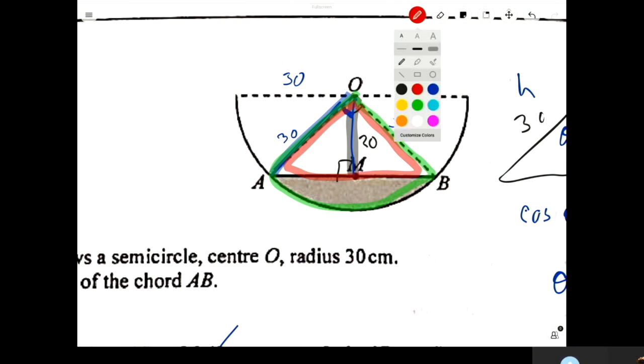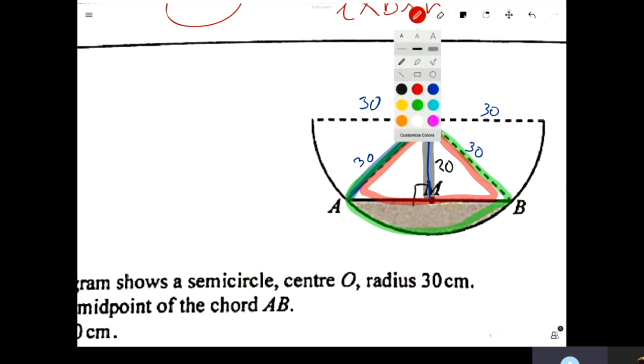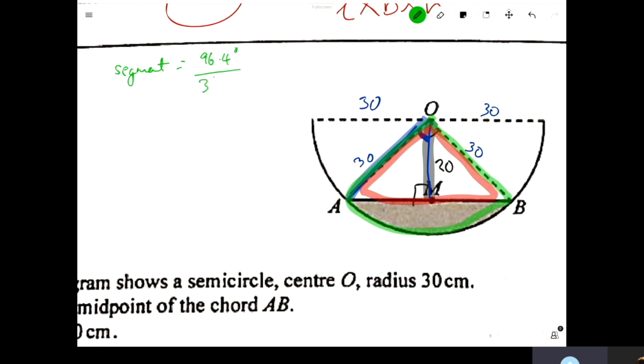So to find the segment, the green color, it equals 96.4 over 360 times pi r squared.